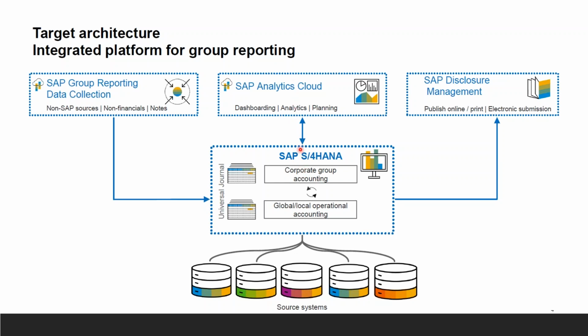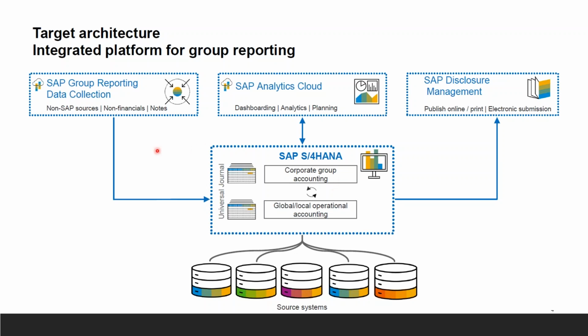For reporting purposes, we can use SAP Analytics Cloud, and for planning also we can have an integration between SAC and group reporting. You can develop reports in SAP Analytics Cloud, and if you want to do the planning at the corporate level, you can do the planning and release the data from SAC to group reporting.